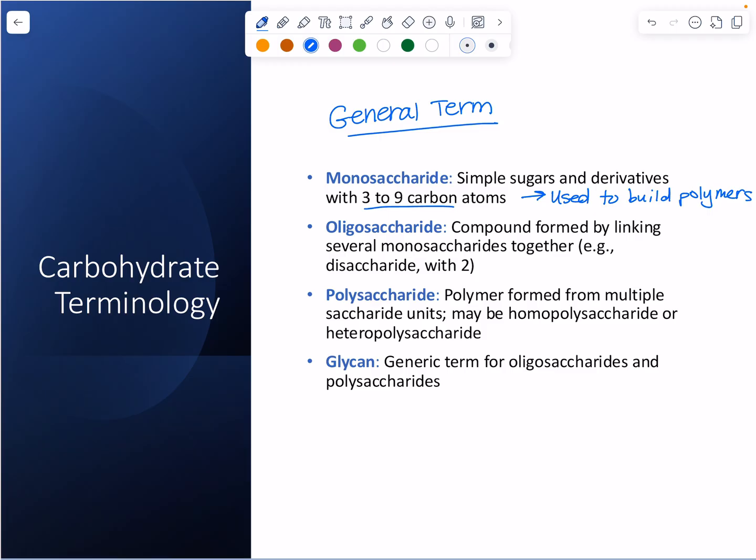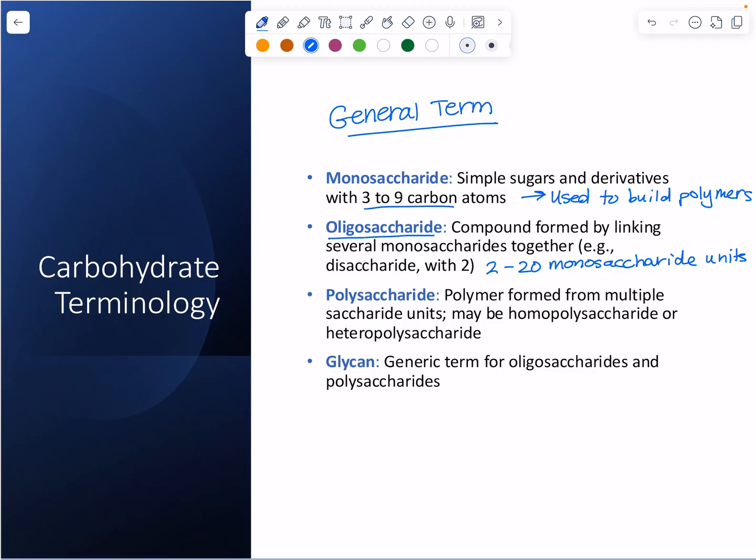Oligosaccharides will have more linked monosaccharides together, and they would go between 2 to 20 monosaccharide units. So these would be the carbohydrate equivalent of peptides, right? We have amino acids, then peptides are sort of short groups of amino acids linked together, and then we have proteins which have many amino acids linked together.